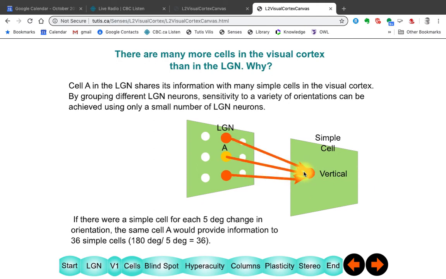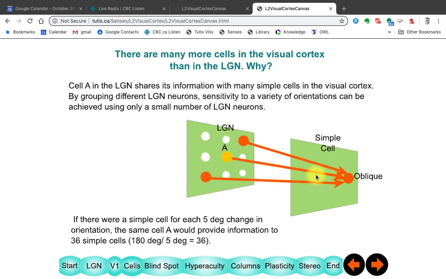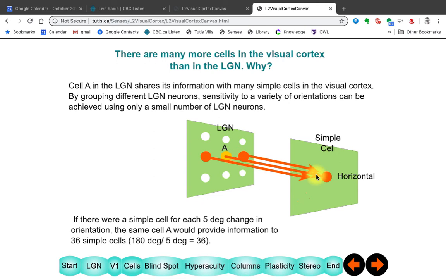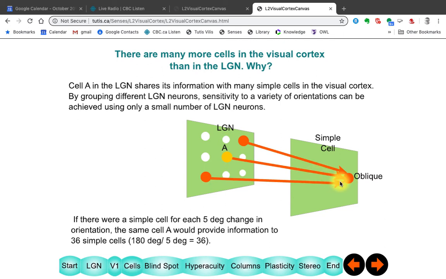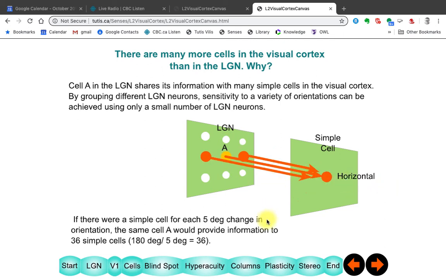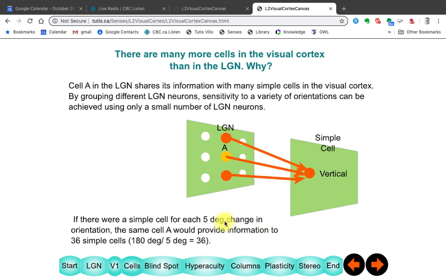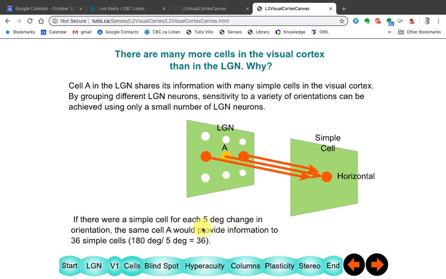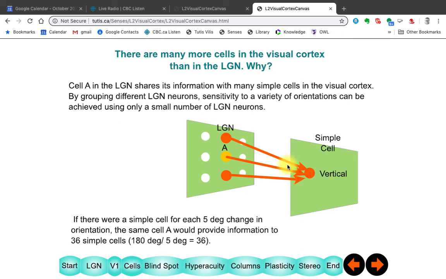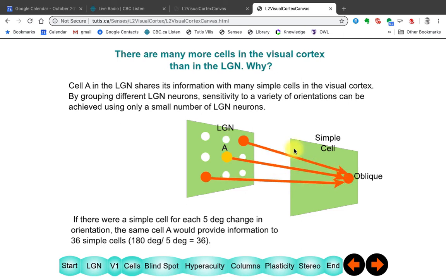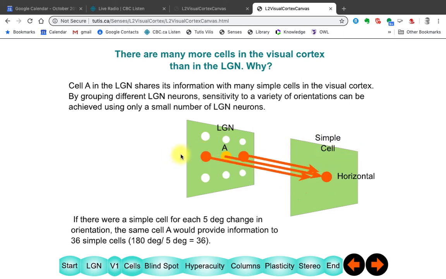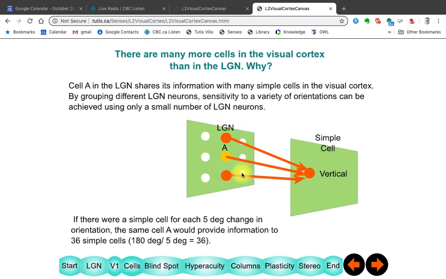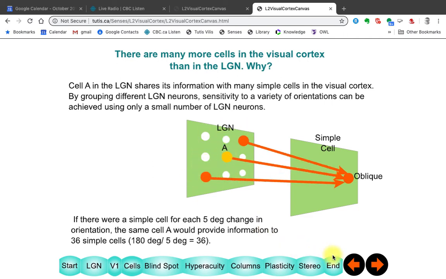In this case, to a cell that's horizontal, vertical, and oblique. Imagine that in the brain you'd have many smaller angles, even smaller than 5 degrees, and so you'd have many cells here representing the few cells here in LGN.